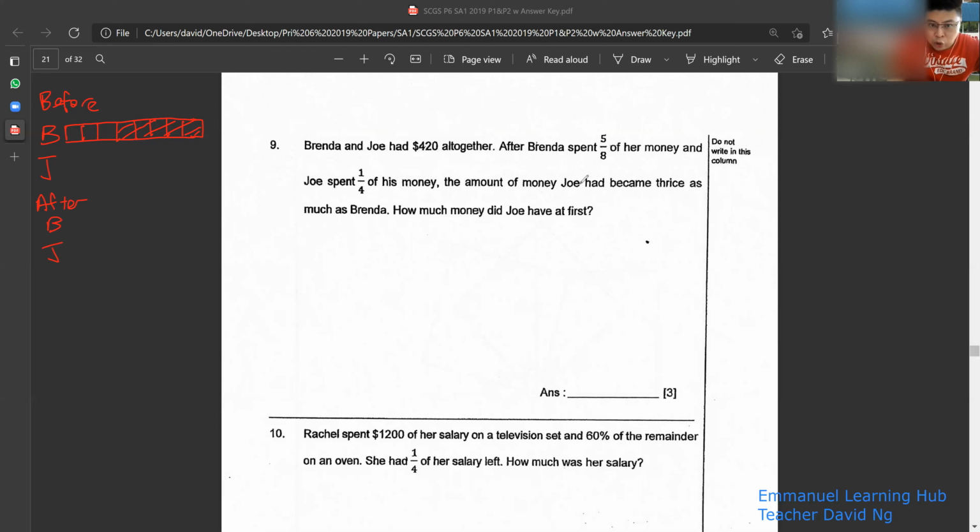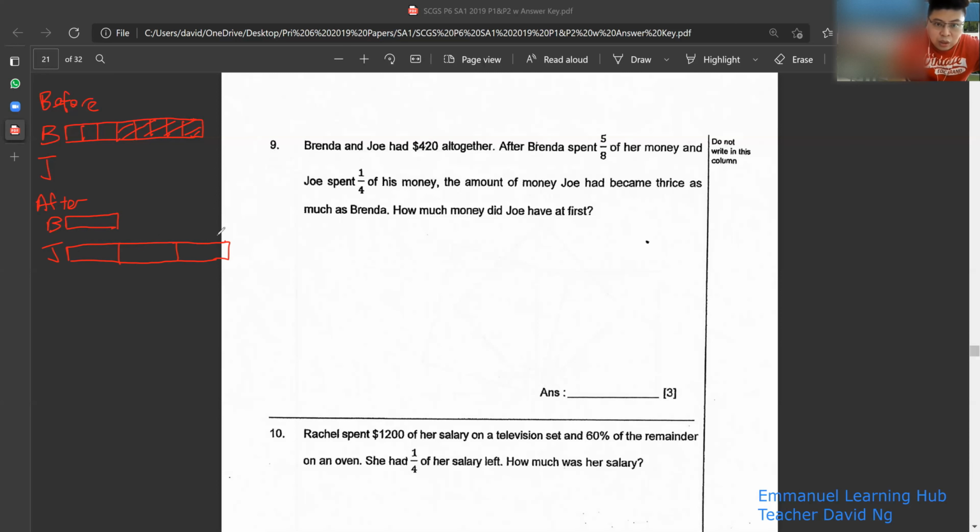Then he said Joe had 3 times as much as Brenda. So Brenda has this amount. Then Joe has 3 times.